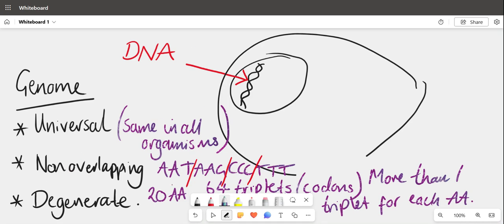Now, we've talked about this DNA being really, really large. In fact, it's so large that it can't fit out of the little holes in the nuclear envelope. So the nuclear envelope actually has little tiny holes called nuclear pores. And we need the genetic information to come out of the nucleus in order to get to the ribosomes.